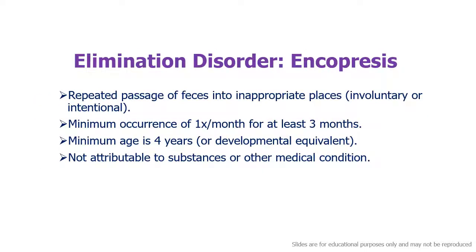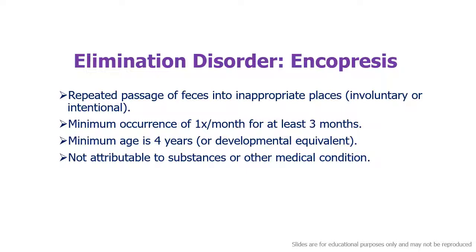Now we're moving on to encopresis. Now, encopresis, as we stated previously, is related to the feces. So enuresis is urine, encopresis is feces. And this can also be involuntary or voluntary. In contrast to enuresis, which is 2 times a week, encopresis is 1 time a week.